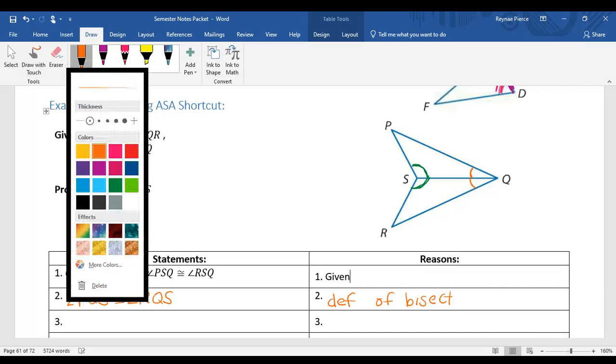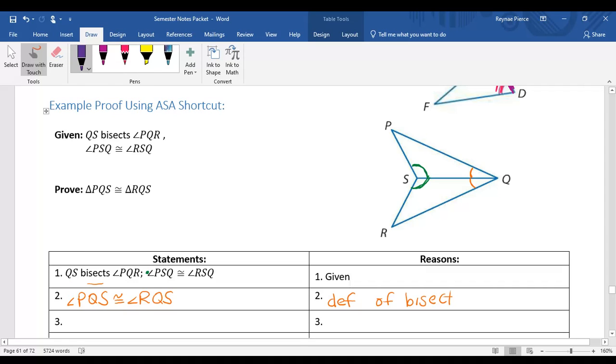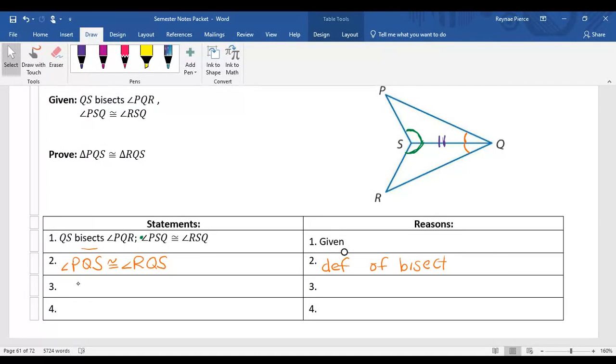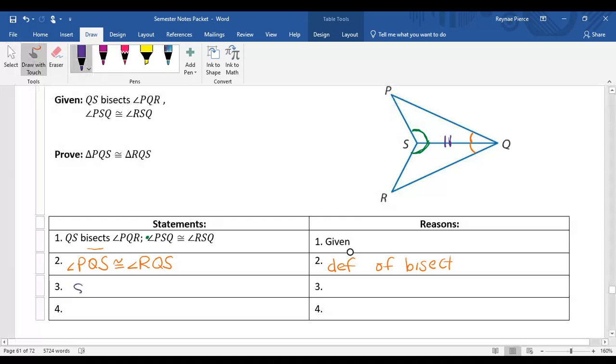One final piece of information, remember after you've used the given information as much as you can, let's go ahead and look at that picture. Okay, I see two triangles that share that side SQ. So I'm going to say SQ is congruent to itself by that reflexive property.